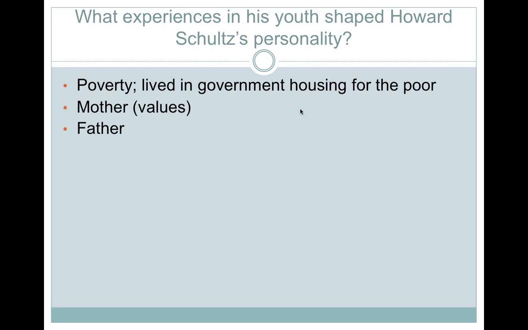And then you mentioned his father, that he had worked hard but never did well. There's a very, very important part of the story of Howard Schultz, which is that his father was a delivery man, drove a truck and delivered things.